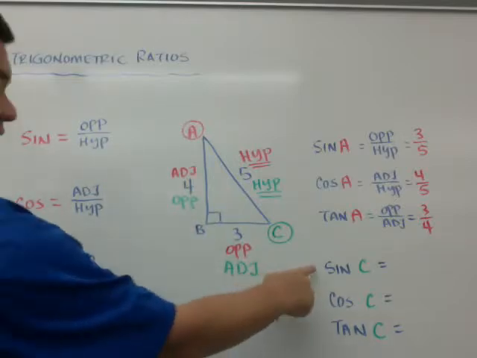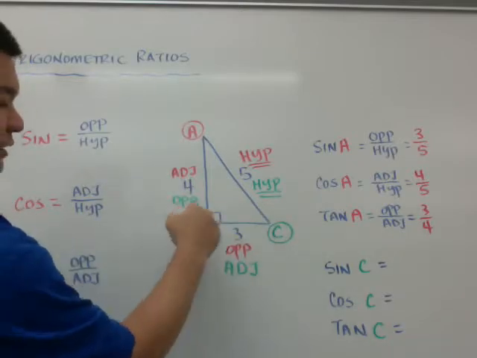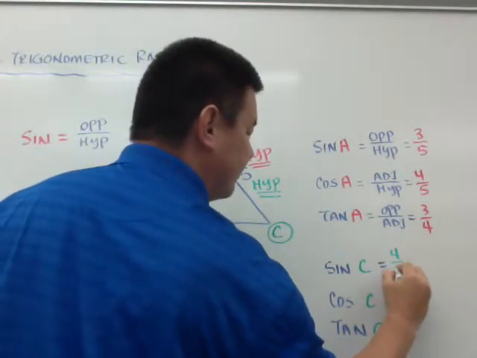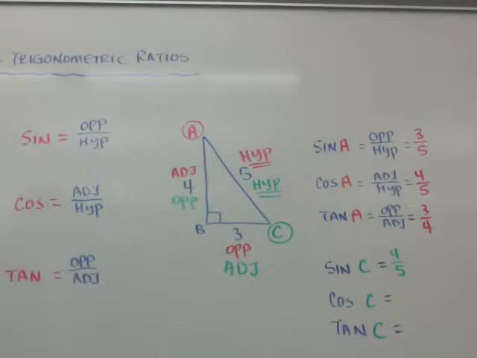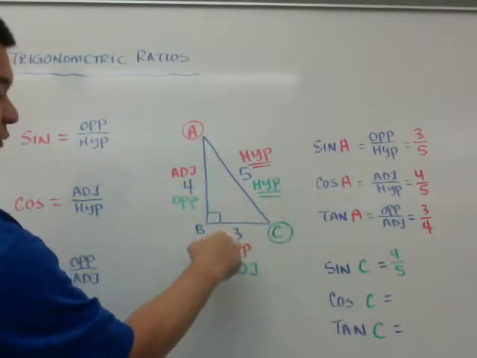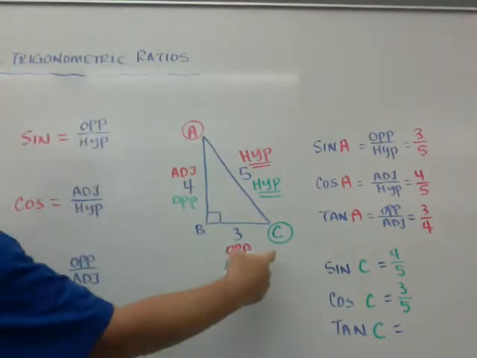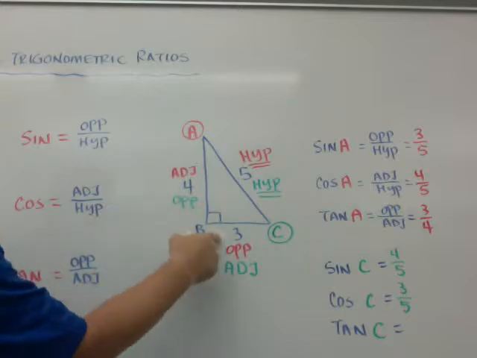So when I do sine of C, I want opposite over hypotenuse, it becomes 4 over 5. The cosine of C is the adjacent over the hypotenuse, which is 3 over 5. And the tangent of C is opposite over adjacent, so it's 4 over 3.